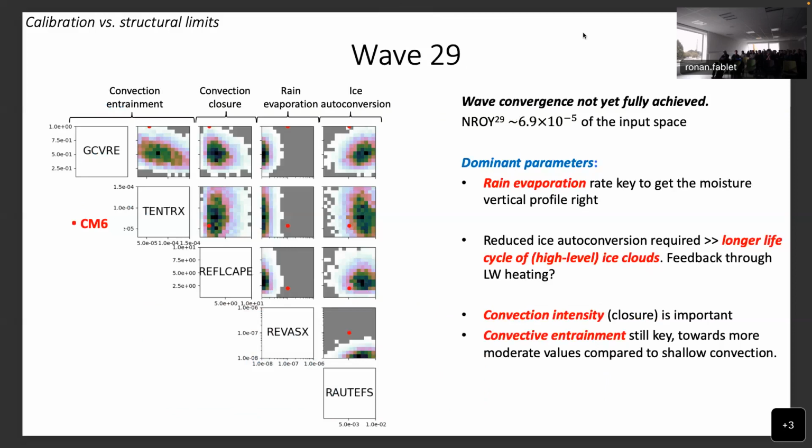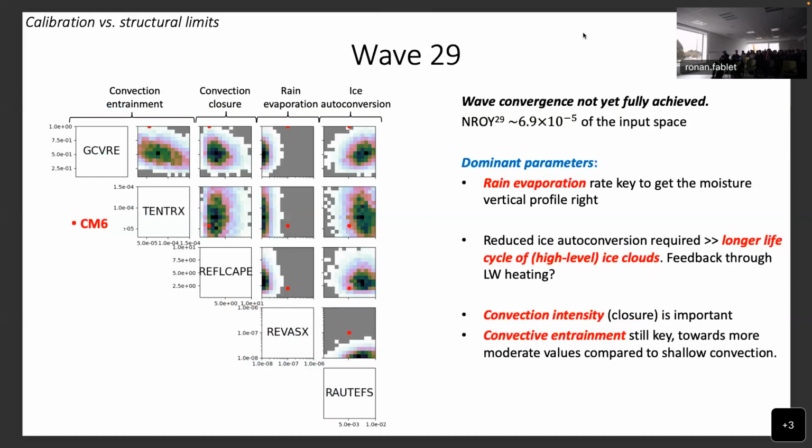So after wave 29, we don't have full convergence, unfortunately, but the space starts to be small. It's 5 orders of magnitude smaller than the input space. Not the same parameters are active compared to previously. Here we have the convection entrainment, but the convection closure appears.